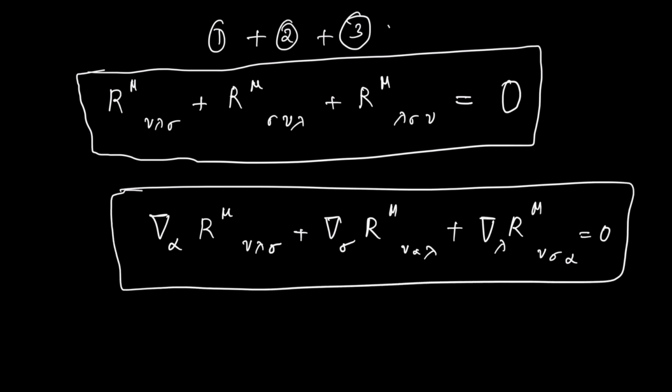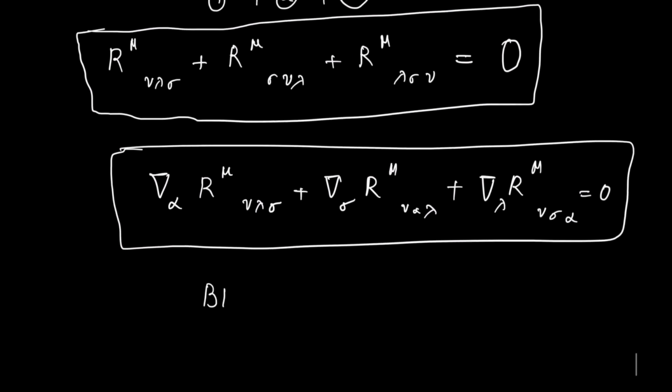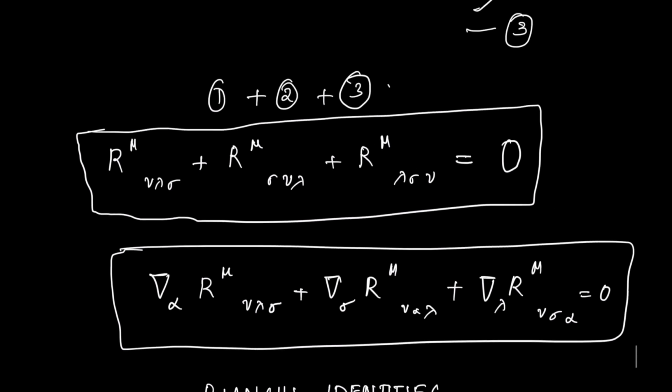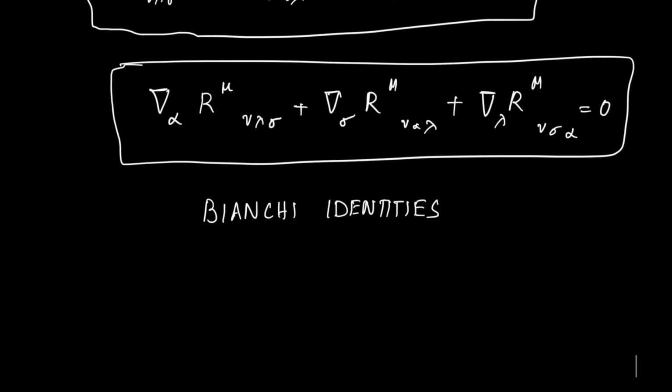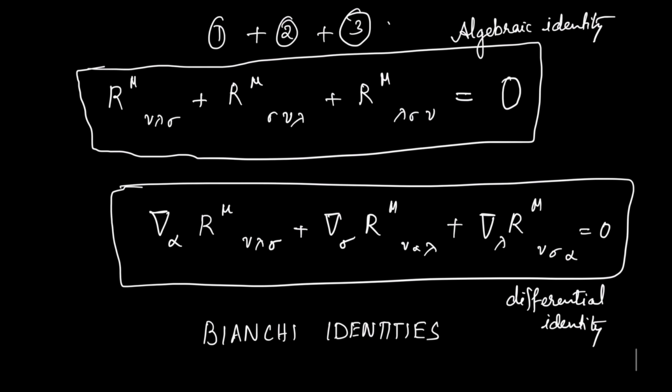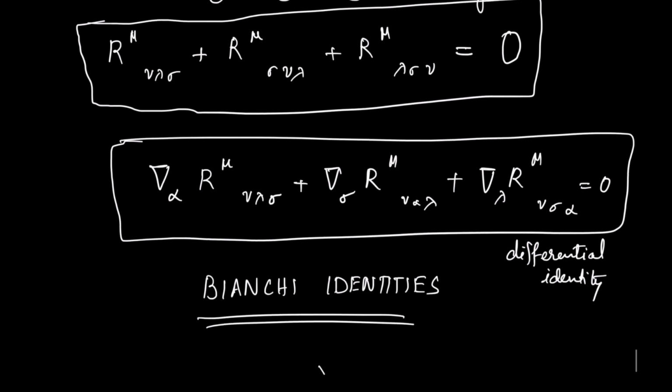These are very important results and these are known as the Bianchi identities. One is the algebraic identity. This is the Bianchi algebraic identity, and the second one is the Bianchi differential identity. So these two are very important results known as Bianchi identities. Okay, so for today we'll stop here.